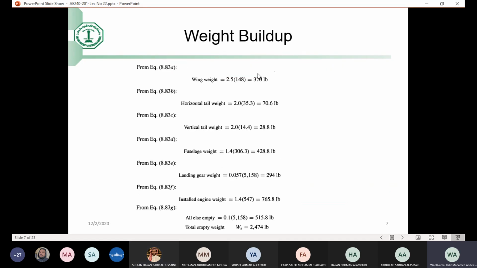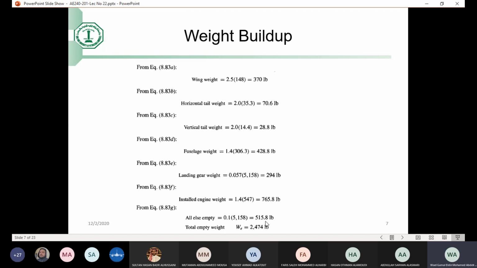Do you see the weight buildup that I have on the screen now? Yes. When I add all of these, it's 2,474. Do you agree? Yes. Okay. We are going to have another one like this. These numbers are the same, but instead of the 5,000 here, I will put here 4,400 and here 4,400.